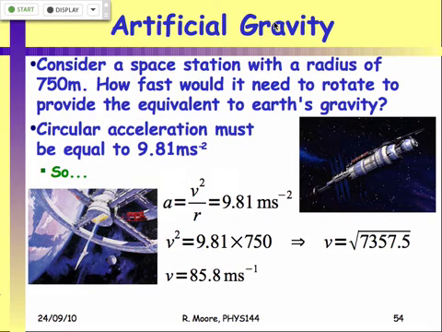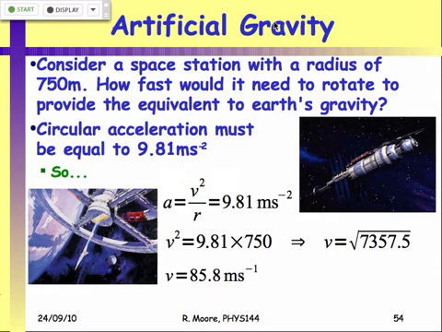Remember, here on the Earth's surface, everything accelerates downwards at a uniform rate, so if you were standing on the inside of a space station, moving around with a particular speed, everything around you would accelerate at the same rate.